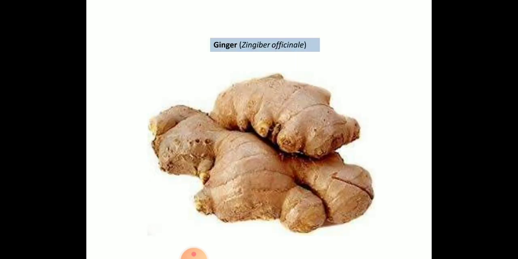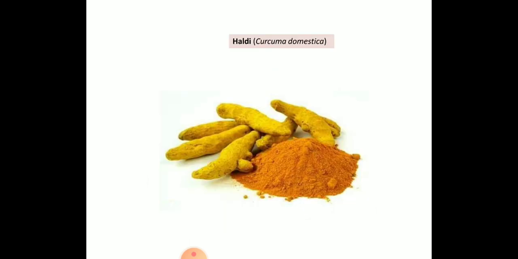Various spices are used in Indian dishes, and sometimes they are also used as medicine. One important spice is ginger, Zingiber officinale. The underground rhizome portion of ginger is used as a spice in various dishes and also in medicine.